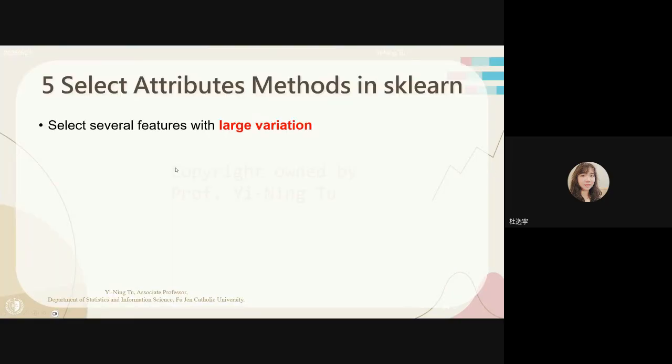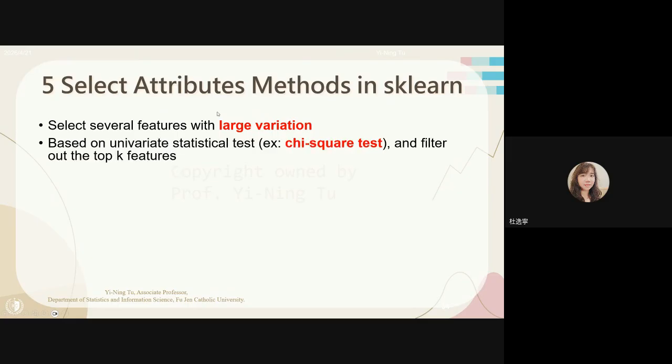Select several features with large variation. We will discuss about. There are two methods that we can select attribute. The method we just use is for all the attribute.